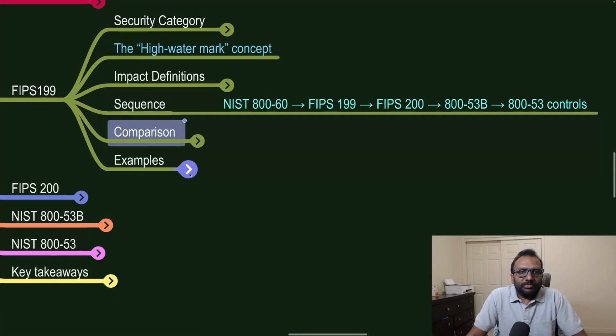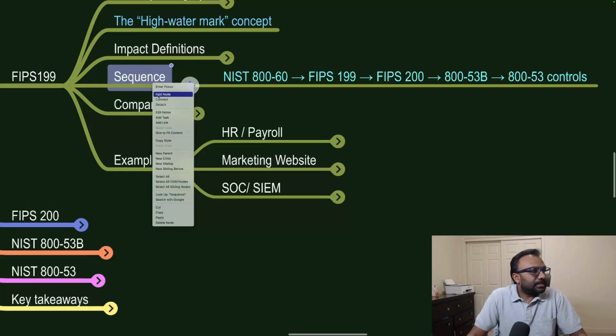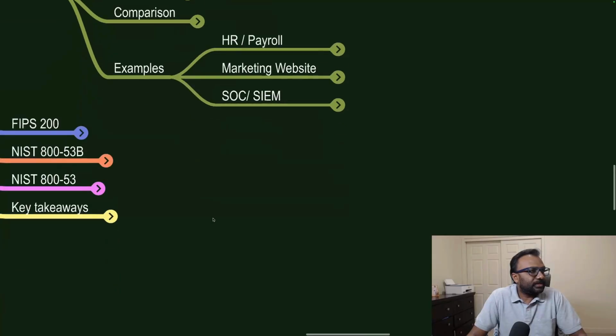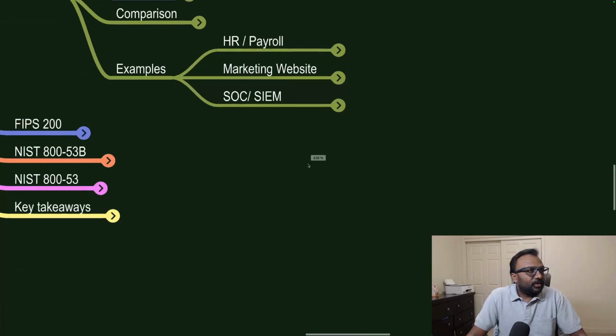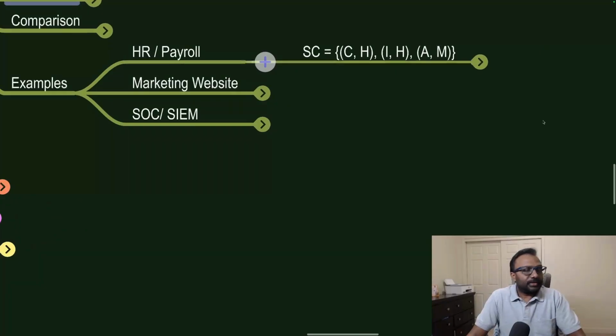Now we will talk about a few examples to give you more clarity. Hope you are able to see the screen. Even for HR payroll, we already talked about it. Confidentiality is high, integrity is moderate or high, and availability is low to moderate.